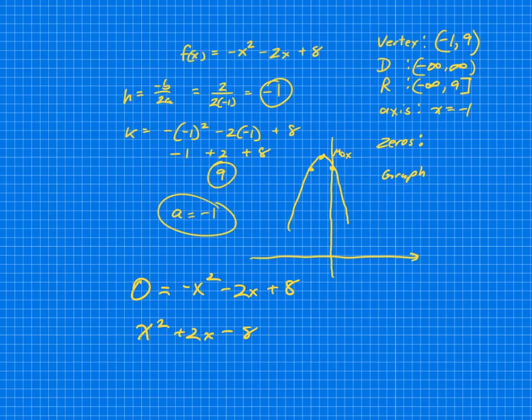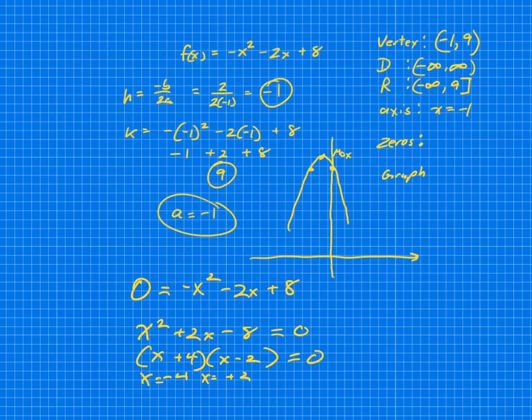And there just happens to be 2 values that I can factor here. It's going to be x plus 4 times x minus 2 equals 0. And so my 2 zeros are at -4 and +2. That's where my x values are.